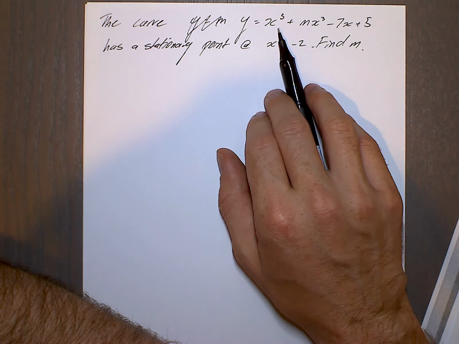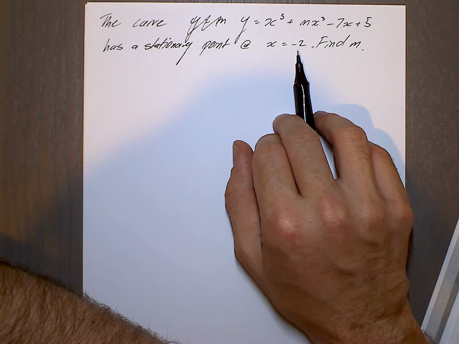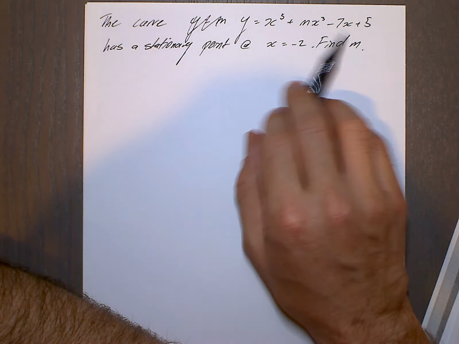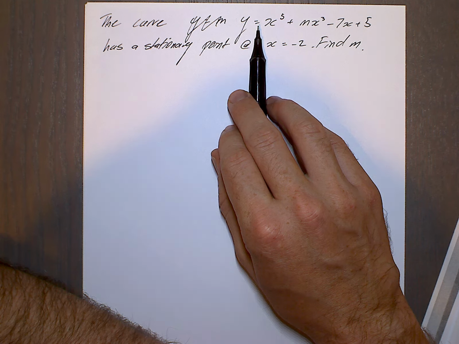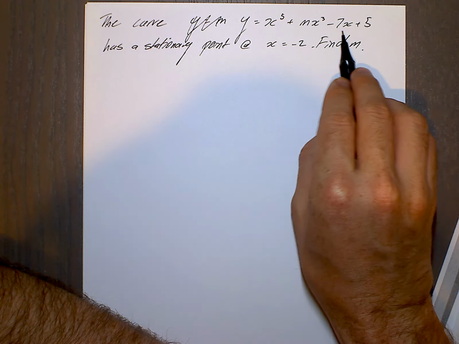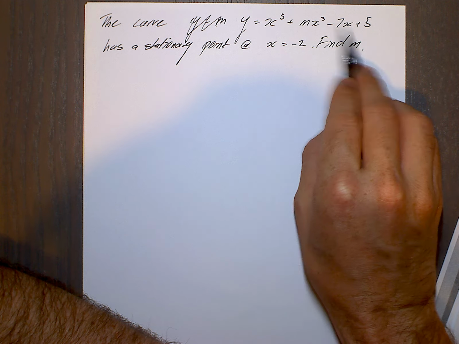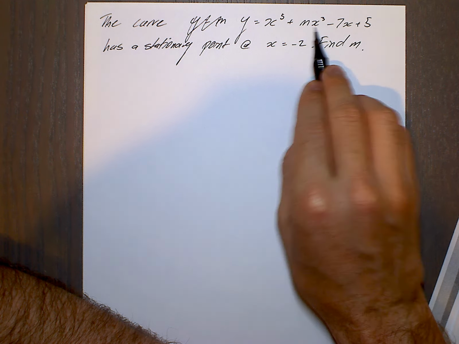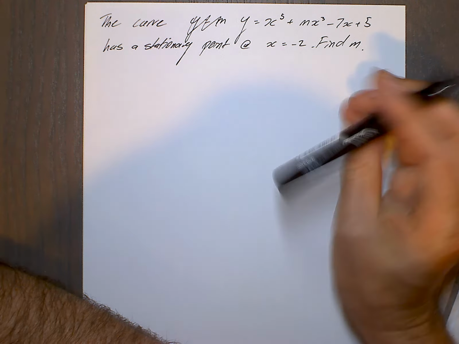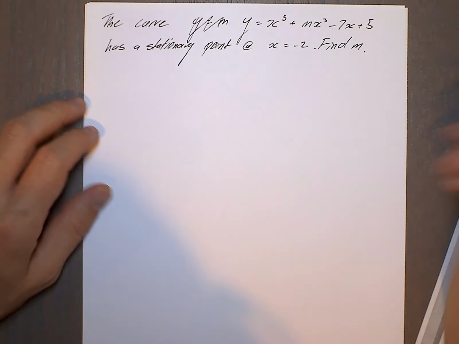From that, I know that x equals negative 2, which I can put into all these x values. Then I'll have some numbers left over, especially from here and from here as well, that I can try and figure out m. It should be like a 1 or 2 step equation, just by thinking about it. Okay, let's have a go at it.